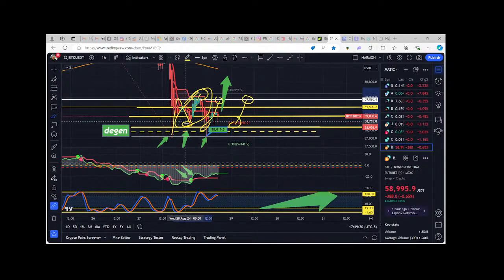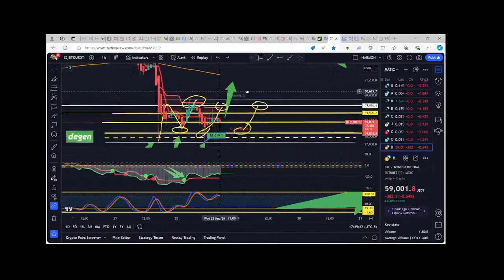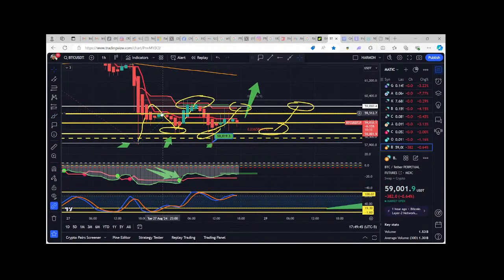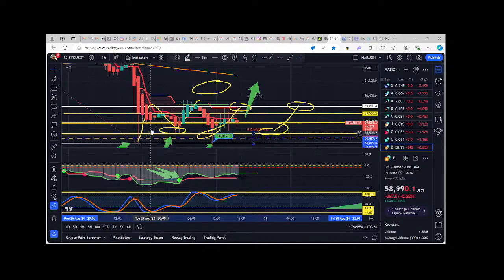And you can see on this consolidation area that after this original pull down here that made this zone, there was a bounce, right? And that bounce is right here.